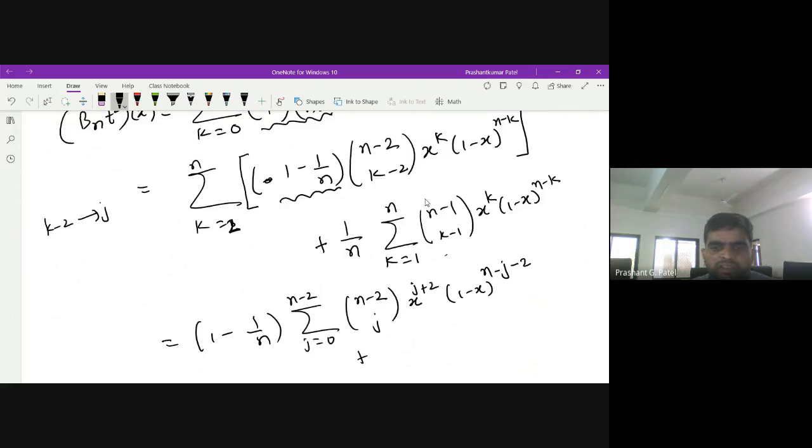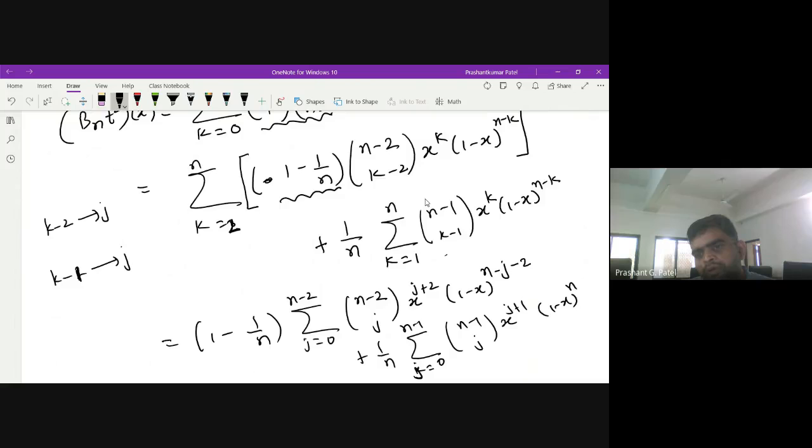And in the second summation I replace k minus 1 by j. So it is 1 by n, summation j running from 0 to n minus 1, n minus 1 choose j, x power j plus 1, 1 minus x power n minus j minus 1.